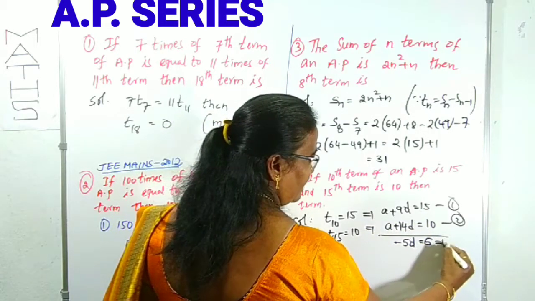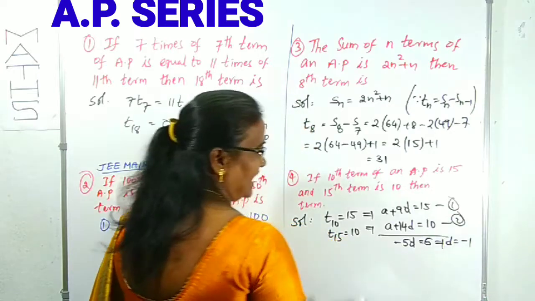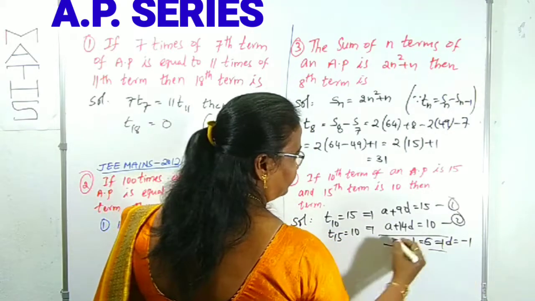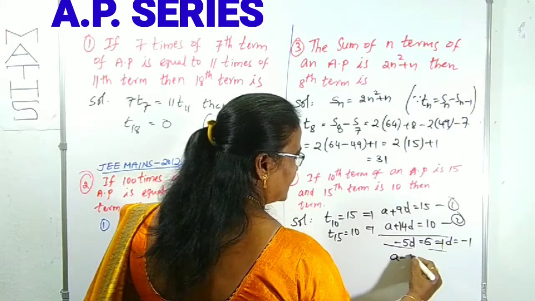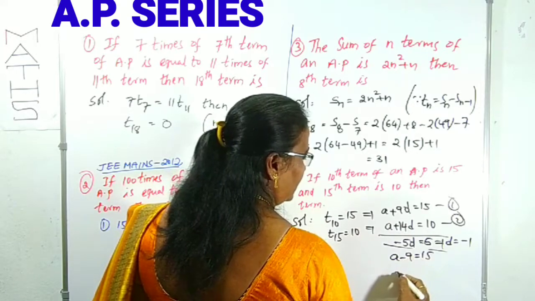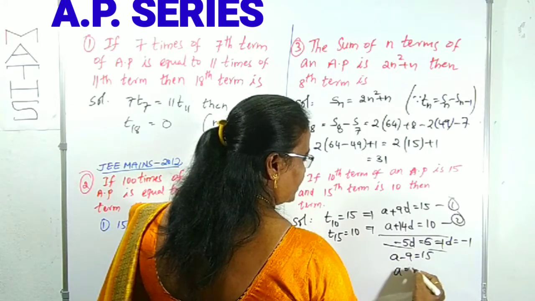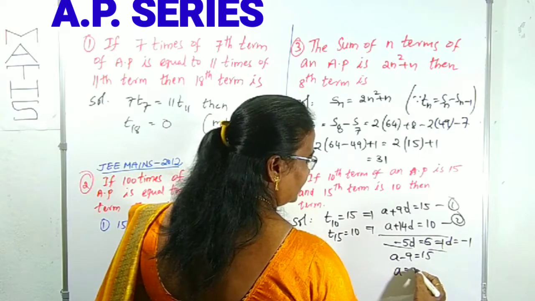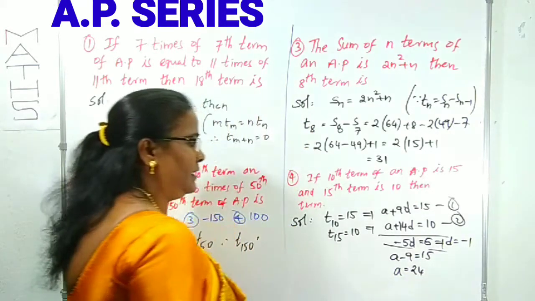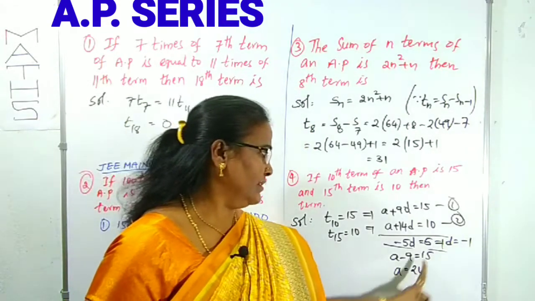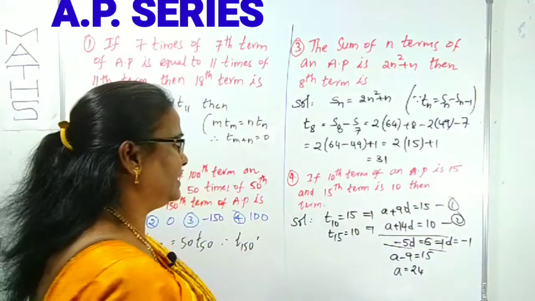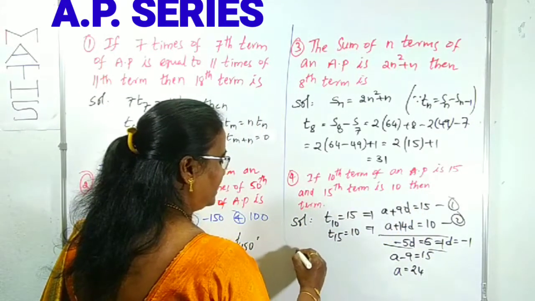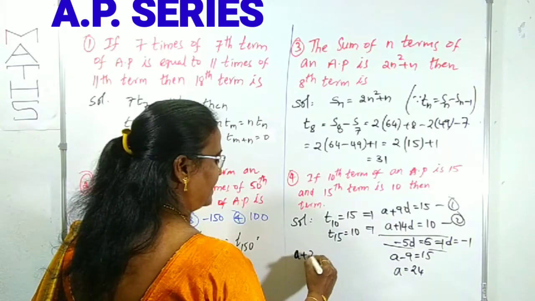From this, D is clearly minus 1. If D is minus 1, substitute here: A minus 9 is equal to 15, so A is 15 plus 9, which is 24. We got the A value and the D value. Now the 4th term T4 is A plus 3D.